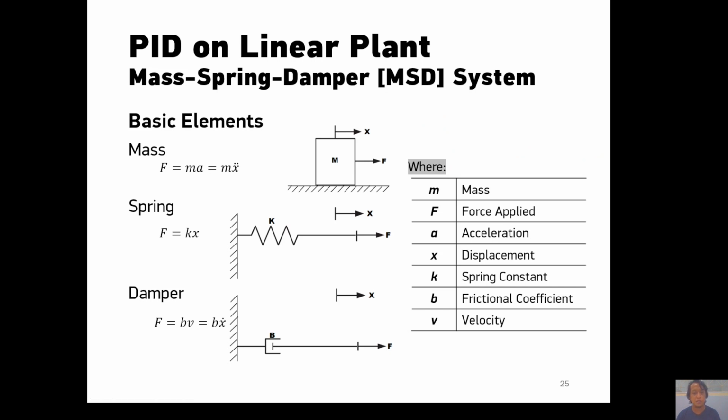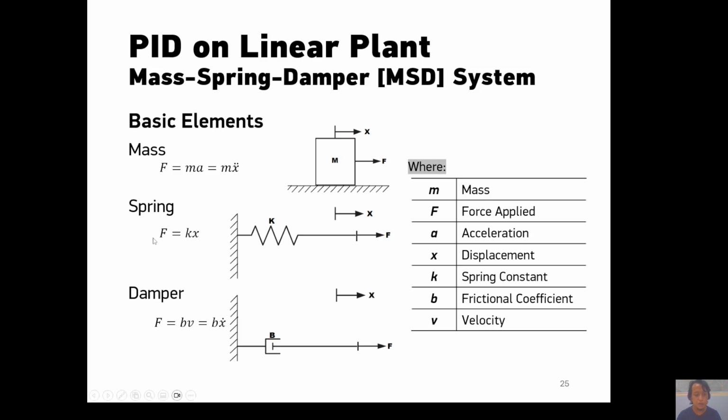In the mass spring damper system, we have three elements. The equation for mass is force applied F equals mass times acceleration, which is also mass times displacement double dot, or m times x double dot.